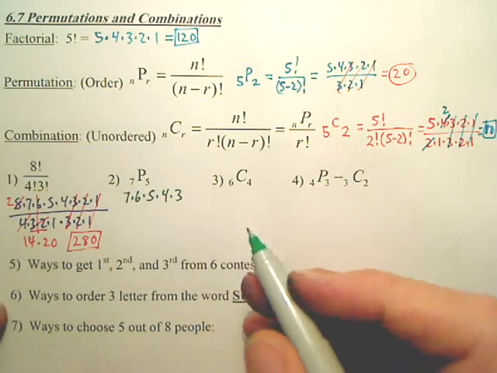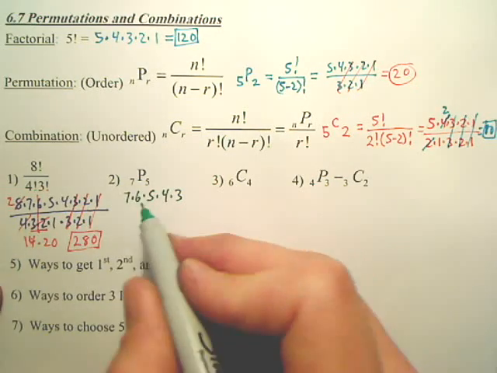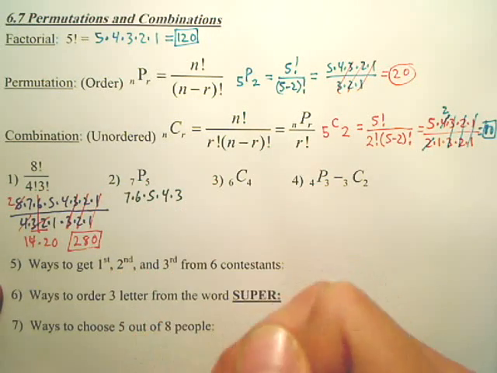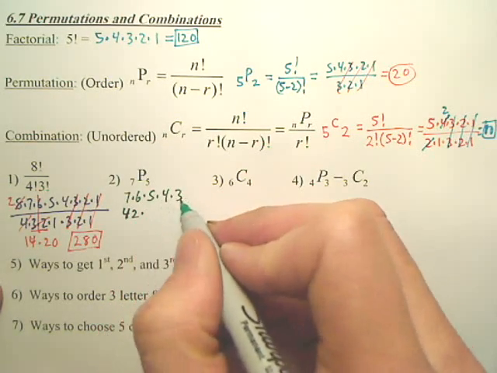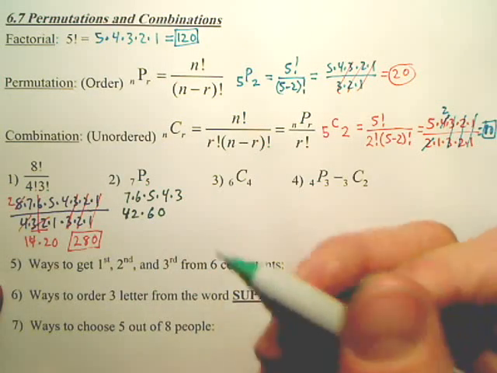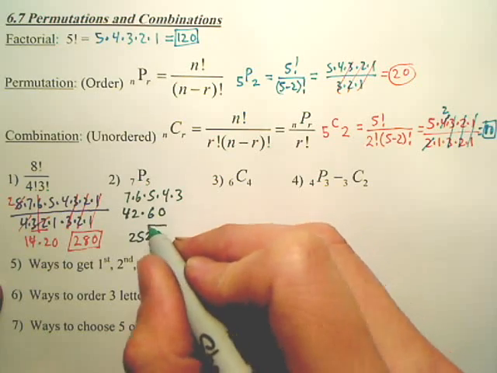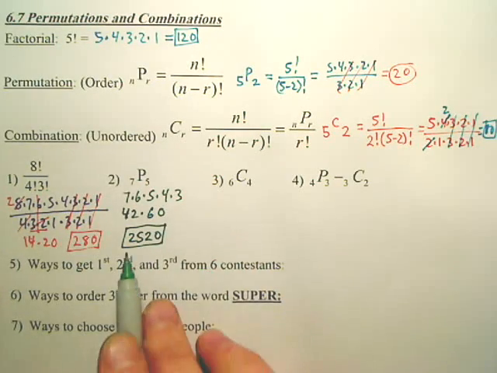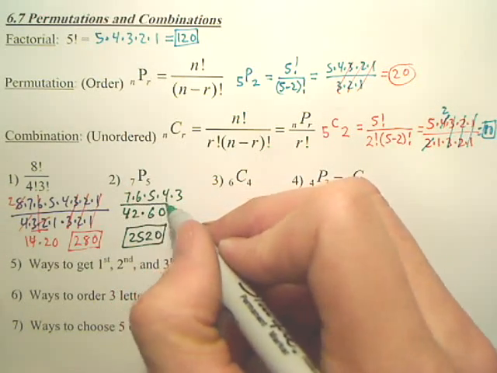A lot easier. Yes, this is a nasty number and I'm an idiot for choosing something so big. That's 42 times 20 times 3 is 60. And it's 2520? Okay, that's a big number, but is this a little bit easier to deal with?